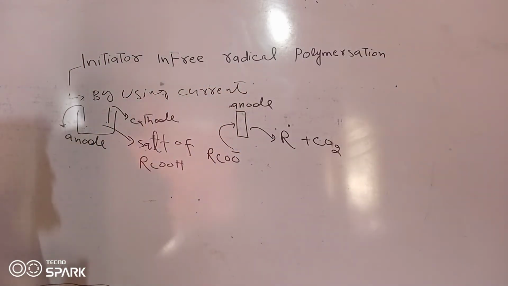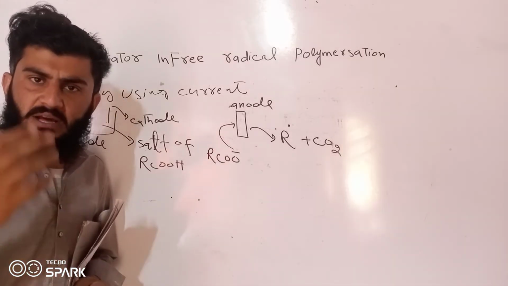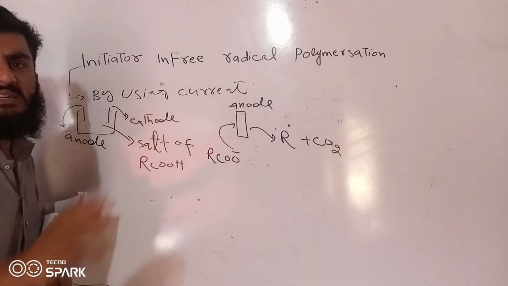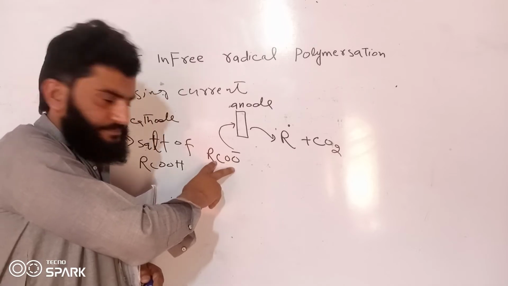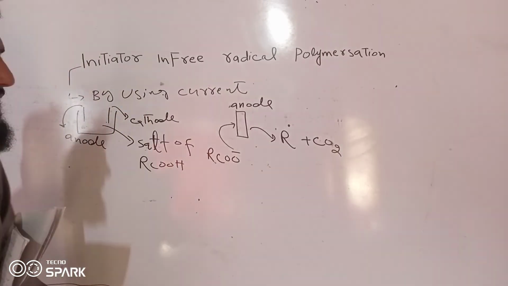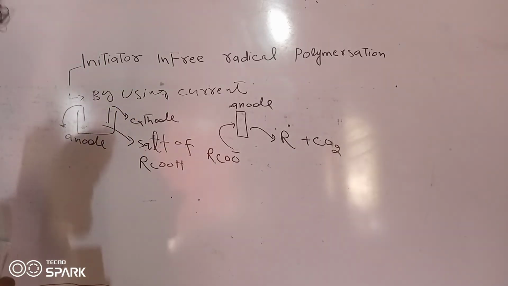So by using current we can also produce free radicals.